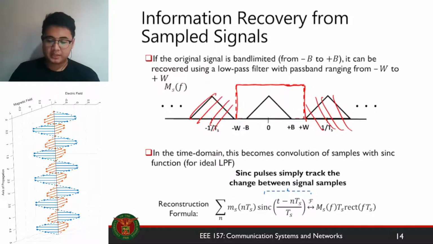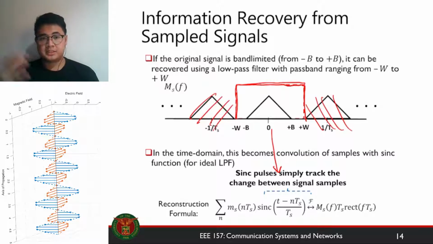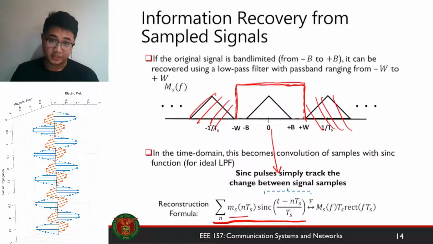Since we're multiplying by a rectangular function in the frequency domain, it becomes a convolution in the time domain. Since the Fourier transform of a rectangular pulse is the sinc function, if you convolve the sinc function with the sampled message signal, we're able to recreate the original message. And that's where the reconstruction formula came from.